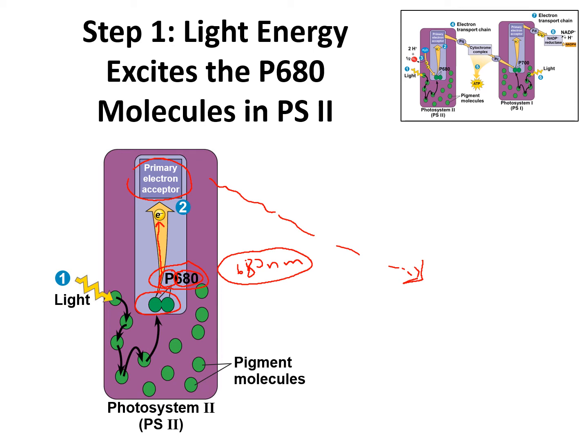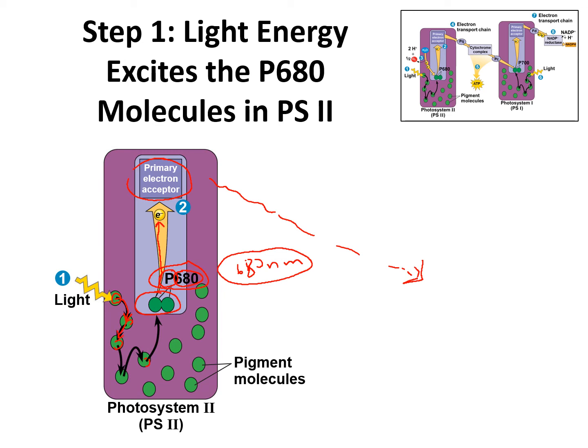Now, photosystem 2 can absorb light of different energies, and those are all these green circles that are shown as absorbing light. These are antenna molecules, we call them, and they absorb light of different wavelengths. Different antenna molecules absorb different wavelengths, and those excite electrons.